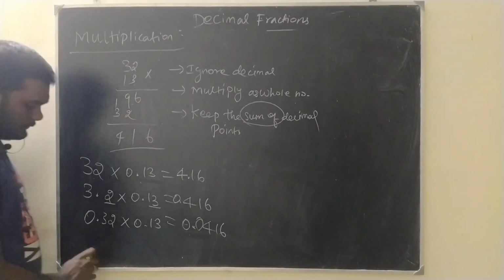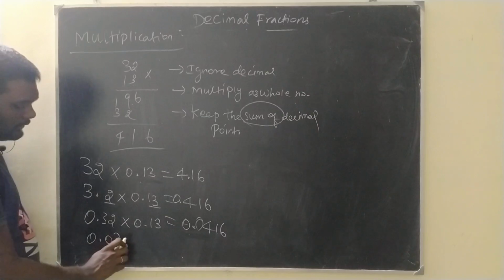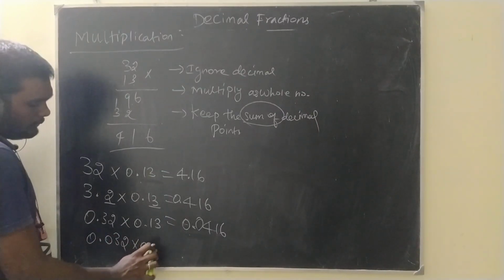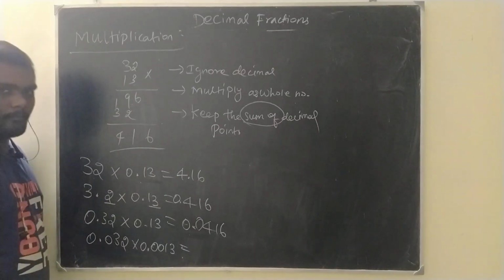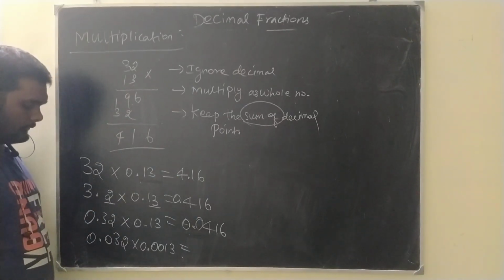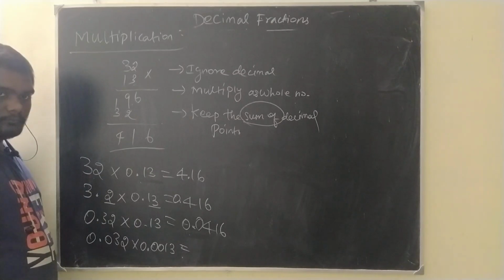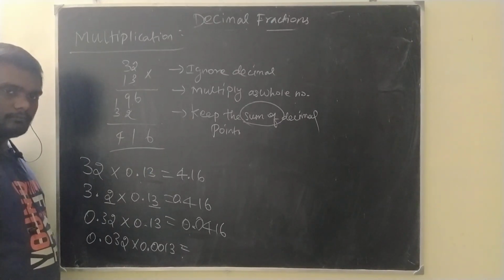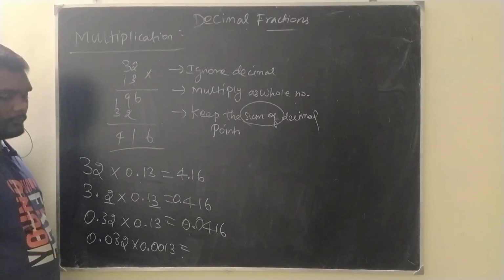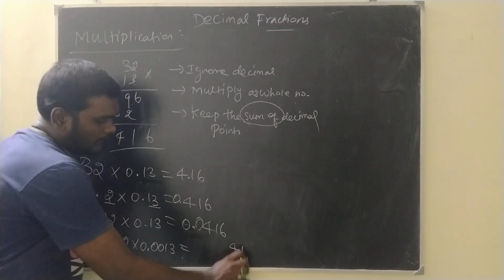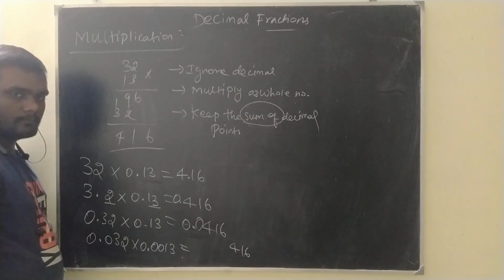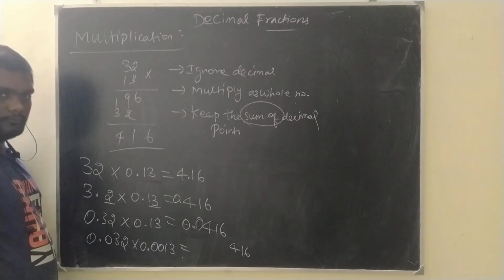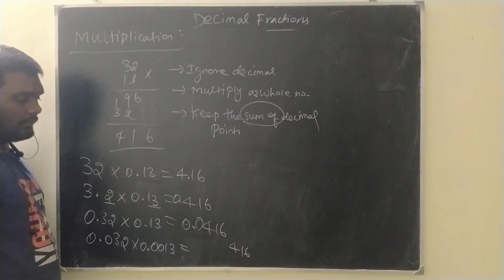Clear? Now 0.032 into 0.0013. Now what is the answer? Again we got 416 as our answer. How many decimal points? 7 decimal points.